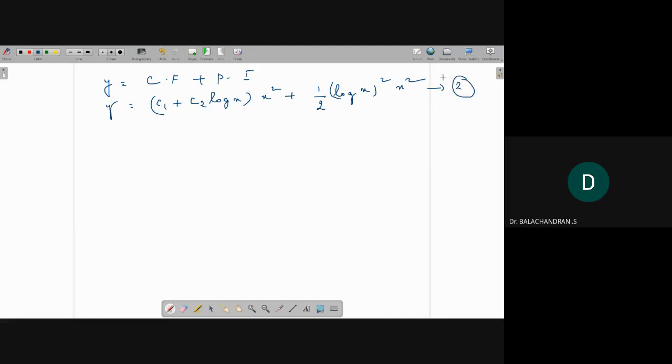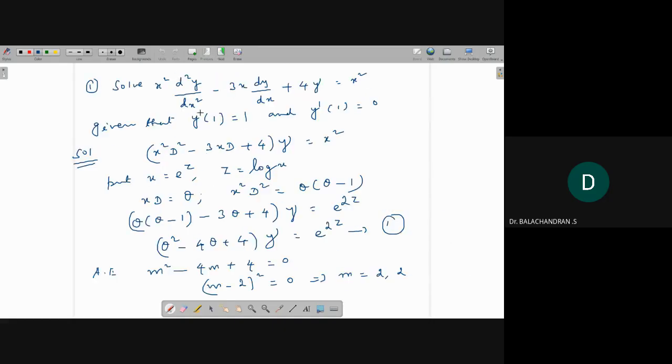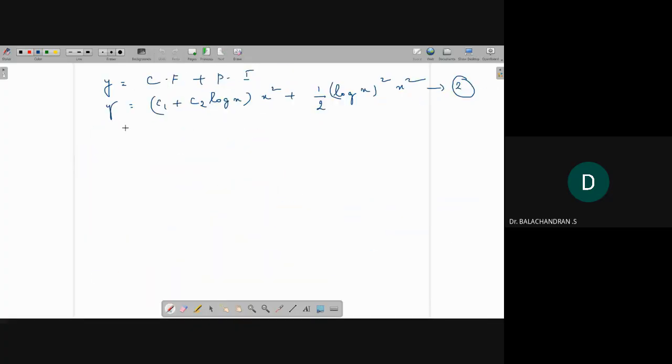Up to this is usually what we will do, but in the question they give an extra condition: y of 1 equal to 1 and y dash of 1 equal to 0. So y of 1 equal to 1 implies when x is equal to 1, y is also 1.